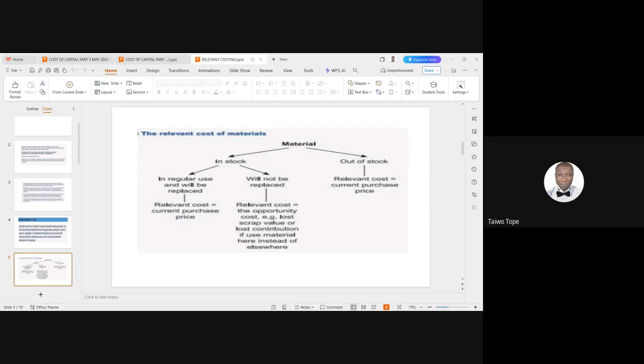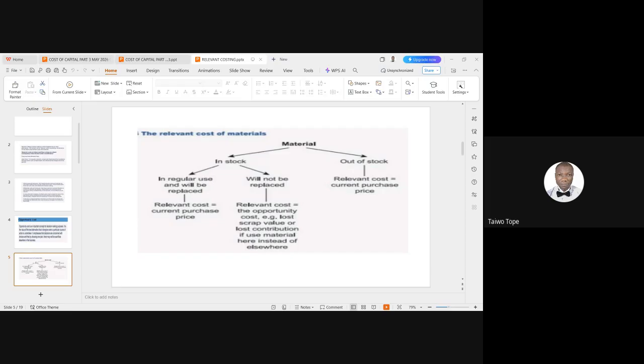Now, in the question, they can tell you that material X is not having any alternative use, but if used for the production of product Z, it will result in a contribution of 25 naira. If not used, it can be given out as scrap for the sum of this.